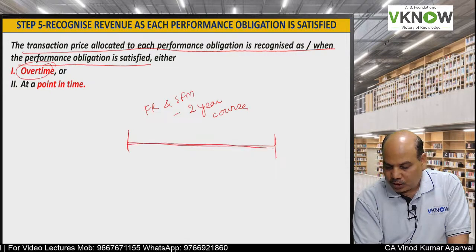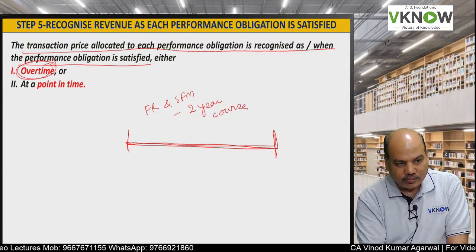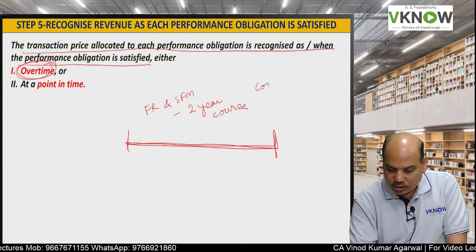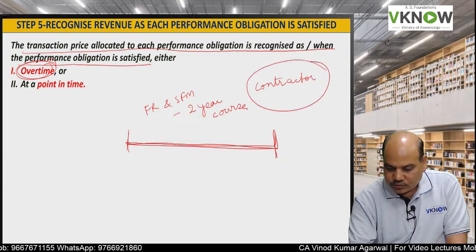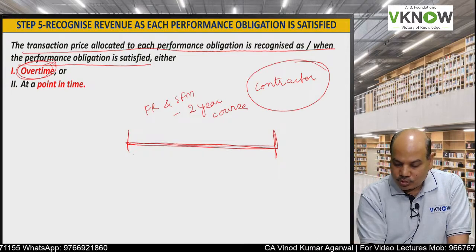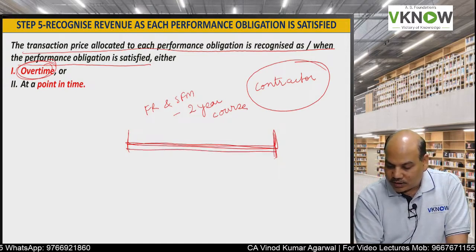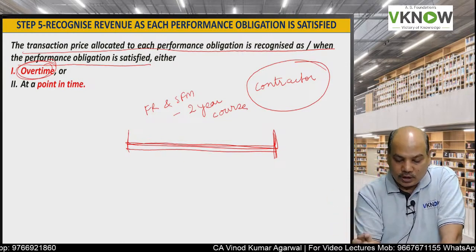So it will spread over 2 years. That is called over time. Or for example, a contractor who has to construct a building for the client. So he is going to take 4 years to complete this building. So he accordingly will recognize revenue over time.